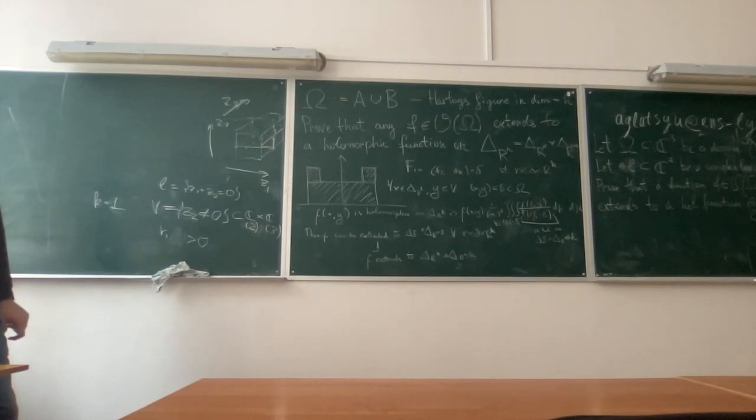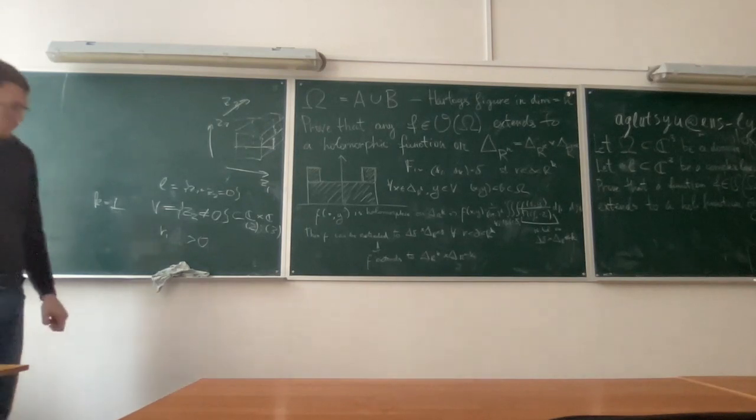And now let us take A. A is the product of the complement of a disk centered at 0 in the first variable, times everything else.